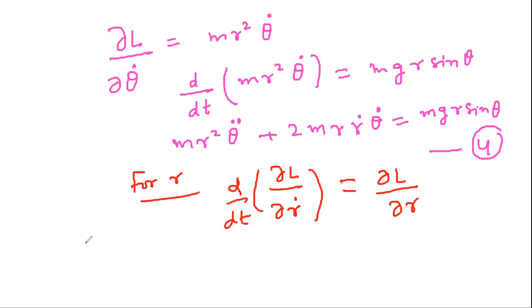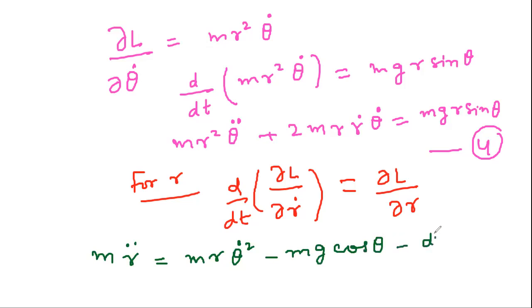So you will get this: m r double dot is equal to m r theta dot square minus mg cos theta minus dV by dr. I name this equation 5.